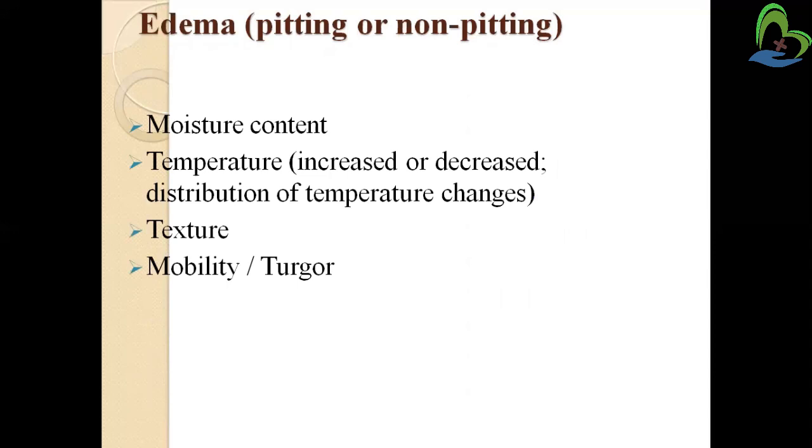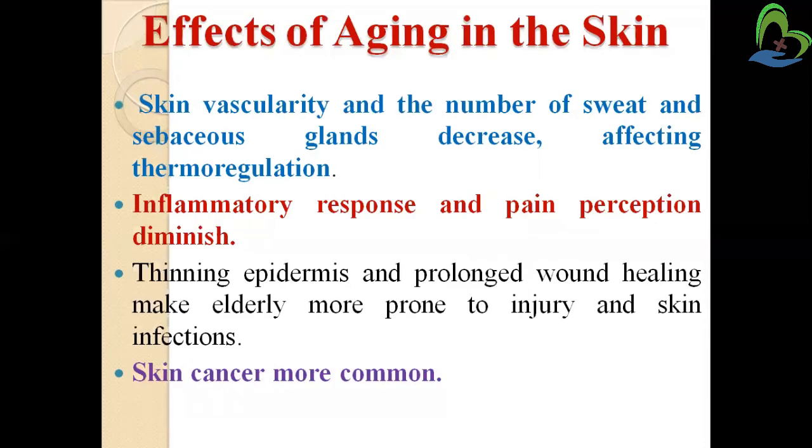Then moisture content and temperature, increased or decreased distribution of temperature changes, then texture of the skin, and mobility and turgor. Effects of aging on the skin: skin vascularity and the number of sweat and sebaceous glands decrease, affecting thermoregulation, and inflammatory response and pain perception diminish.